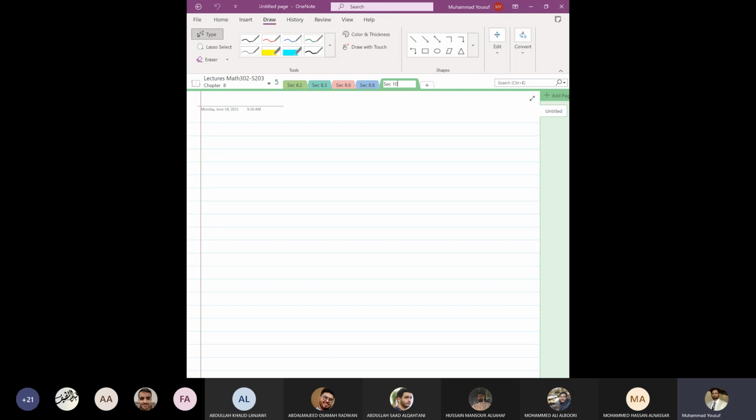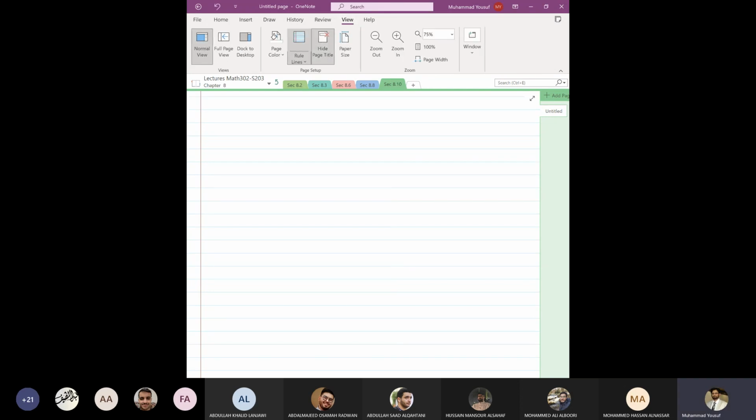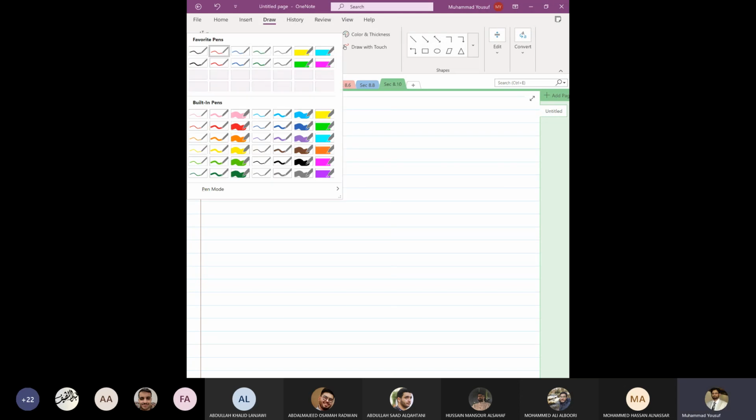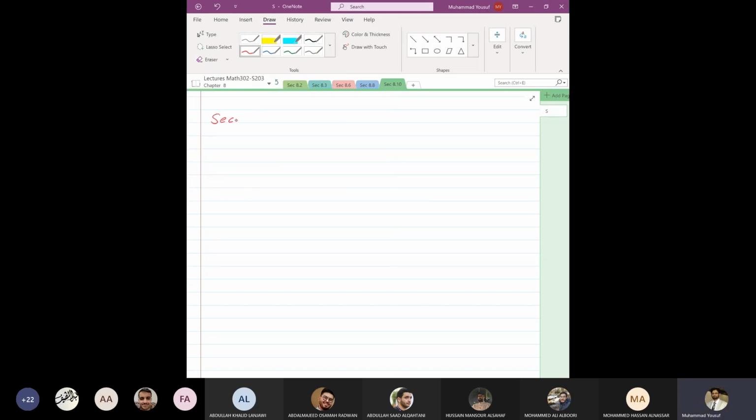Section 8.10 is orthogonal matrices. So what is the definition of an orthogonal matrix?